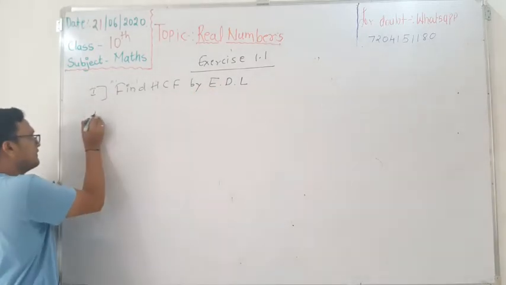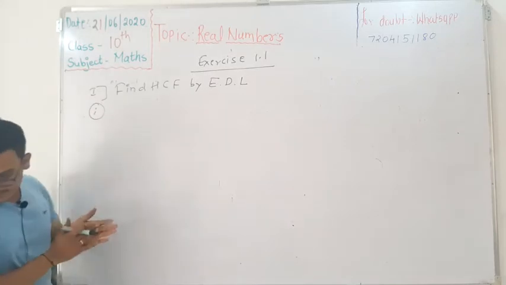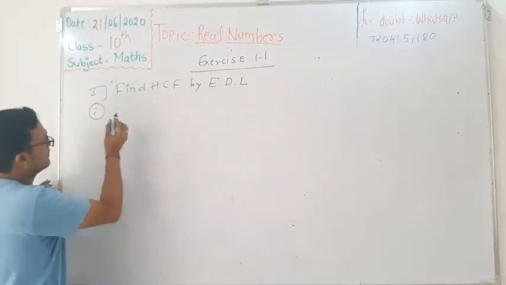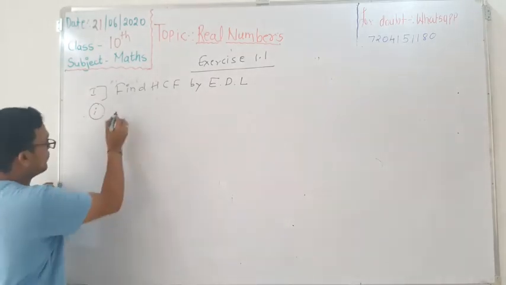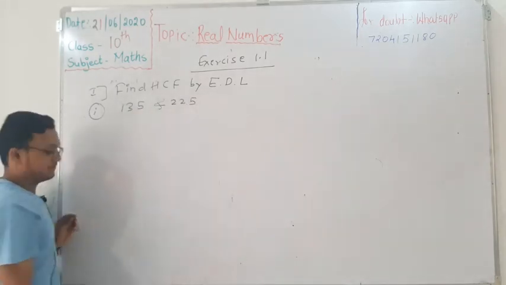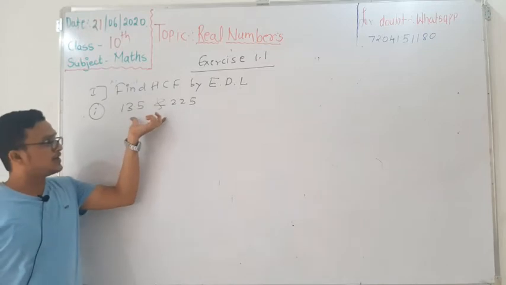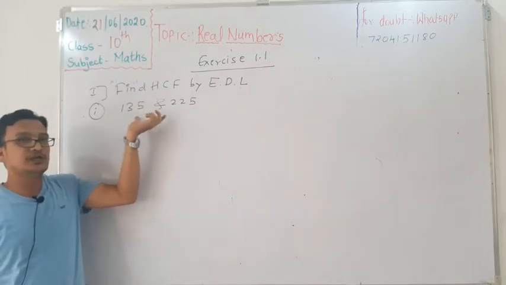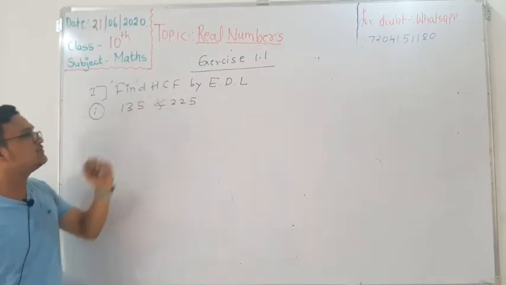Okay, so in that first example, 135 and 225. So here we have to find out the HCF of these two positive integers.